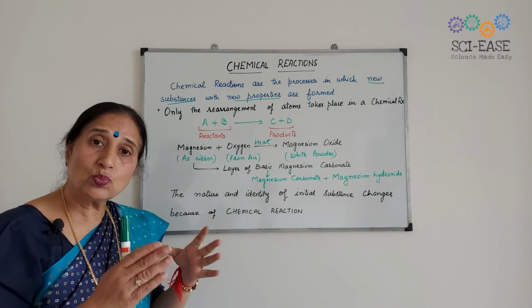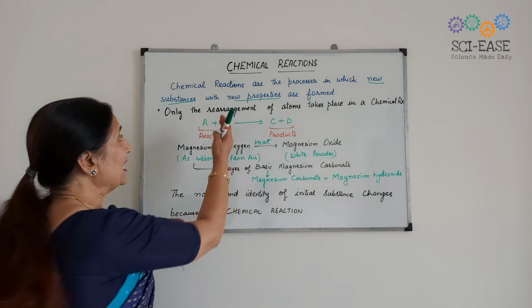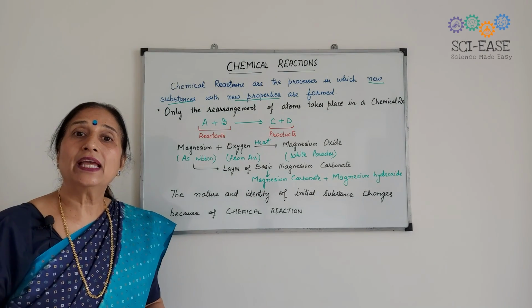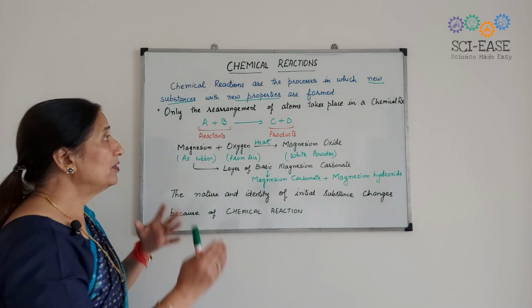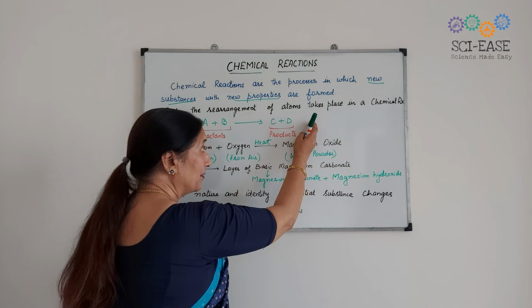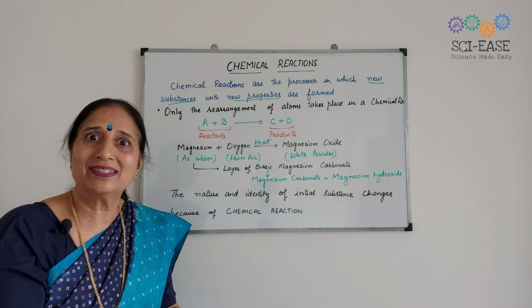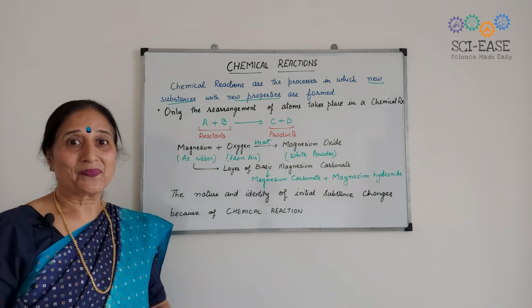The substances which take part in the chemical reaction and are placed on the left-hand side of the chemical reaction are known as reactants. And the substances which are present on the right-hand side of the chemical reaction and are formed as a result of the chemical reaction are known as products.